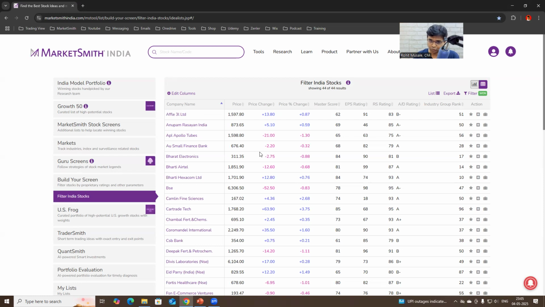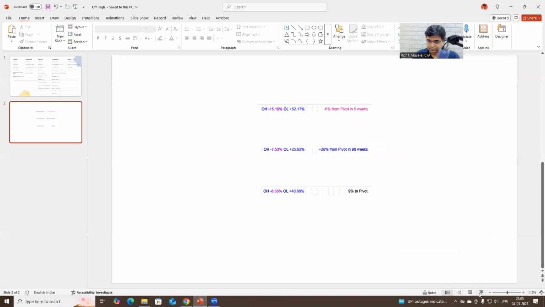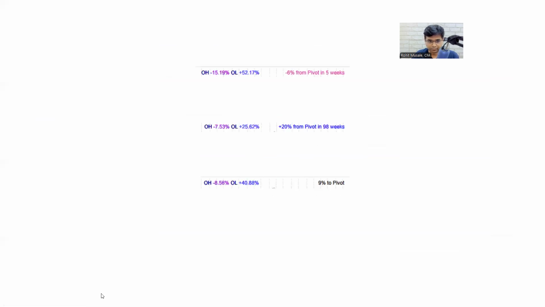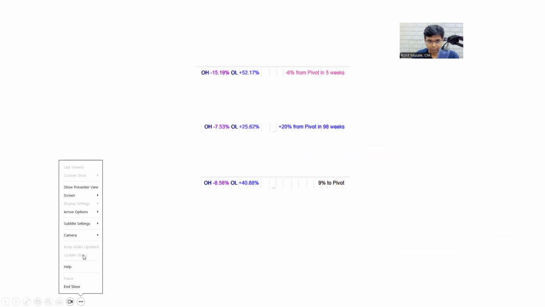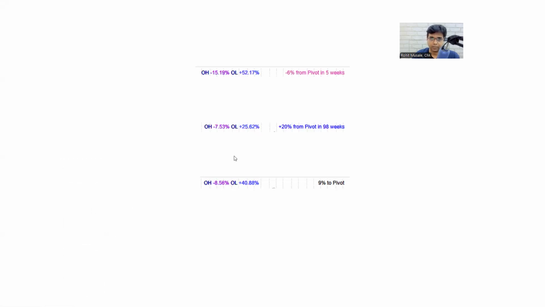So for shortlisting, I will give you a shortcut. So let's open this. When you open the weekly chart of any stock, on the top right corner, you will see something like this.